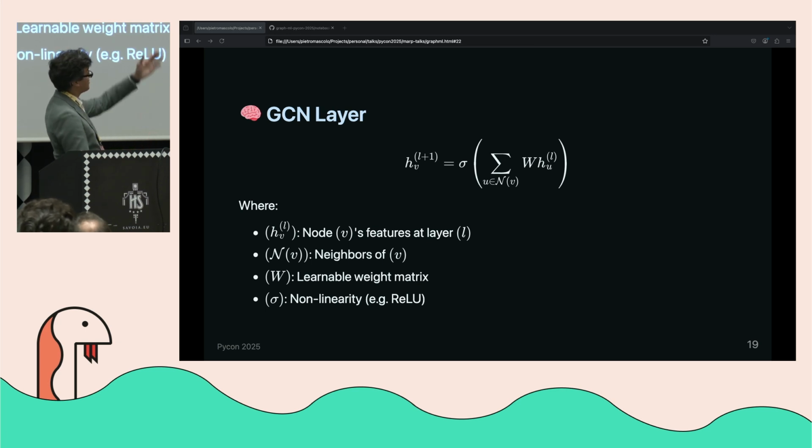You have an aggregation of signals with a certain weight matrix that is learnable. And you have a nonlinearity, or sigma, which is usually ReLU, but could be any type of nonlinearity. Some work, some don't. And that's what you get at the next step. You compound these steps a few times, and you have a graph convolutional network. Very simple.